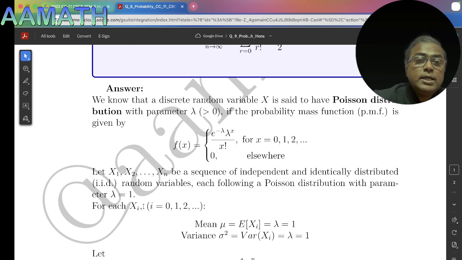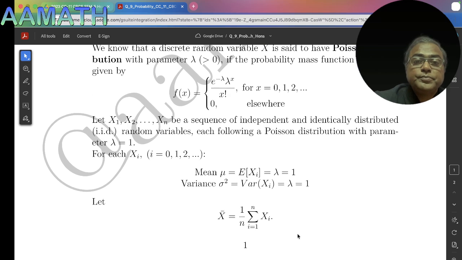For each Xi, the mean mu equals the expectation of Xi, which equals lambda, equal to 1. Variance sigma square equals the variance of Xi, equal to lambda, which is 1.